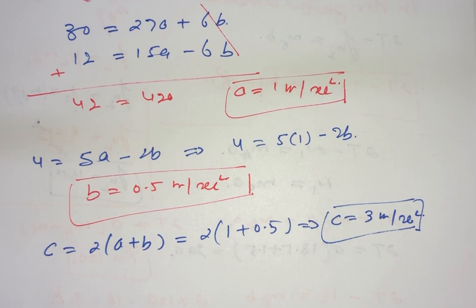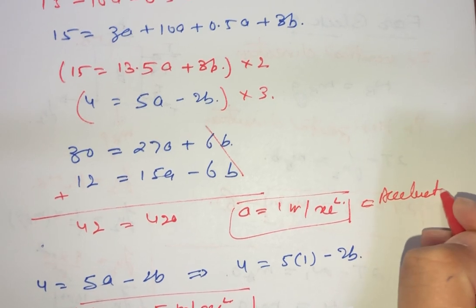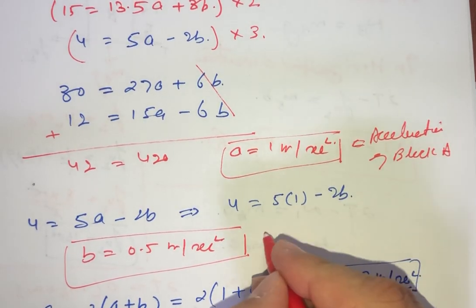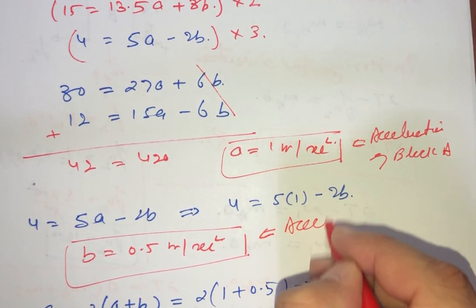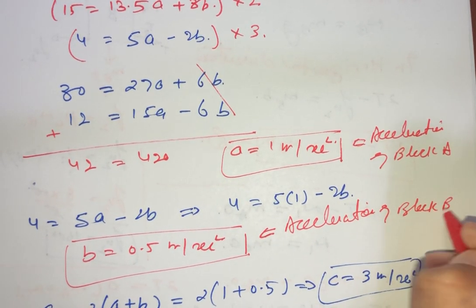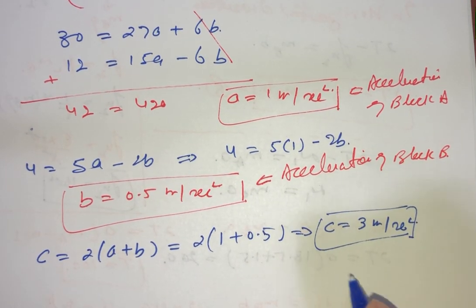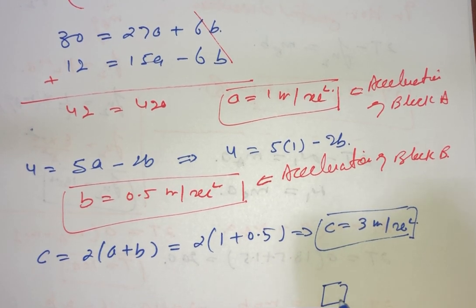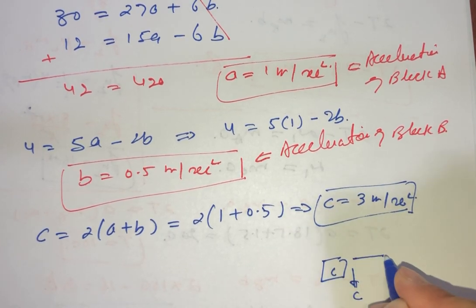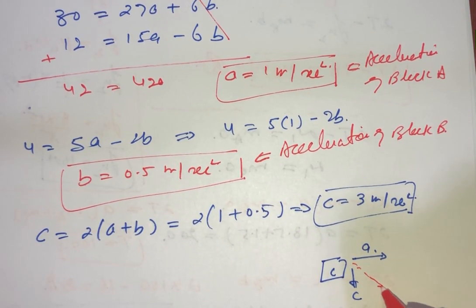But once again, this is the acceleration of block A, this is the acceleration of block B, but for block C, like I said, block C is moving in two directions, in the downward direction with the acceleration c and in the horizontal direction with the acceleration a. So the net acceleration will be somewhere in this direction.